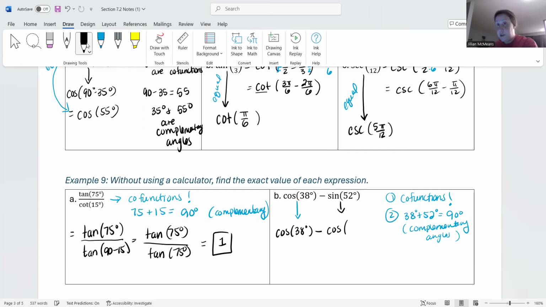So sine of 52 degrees is equal to cosine of 90 minus 52 degrees. So I get my cosine of 38 degrees, and then I have cosine of 90 minus 52. Well, 90 minus 52 happens to be 38 degrees. Well, cosine of 38 minus cosine of 38, I have one ratio minus the exact same ratio. This is equal to 0.